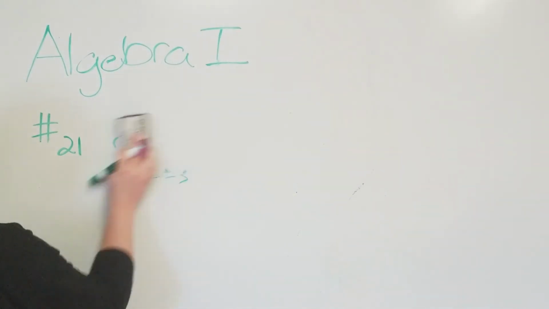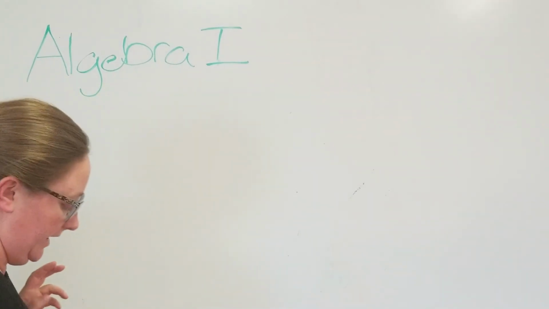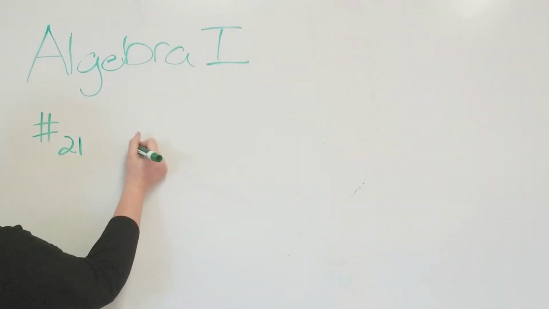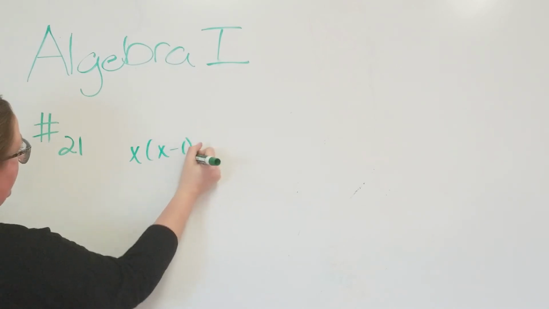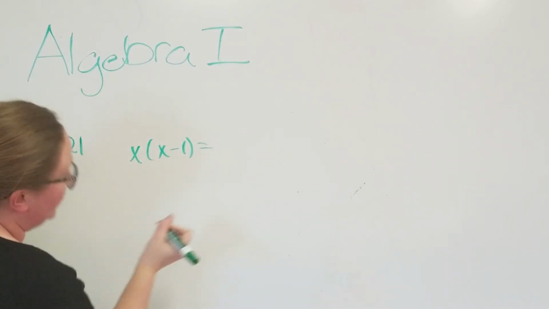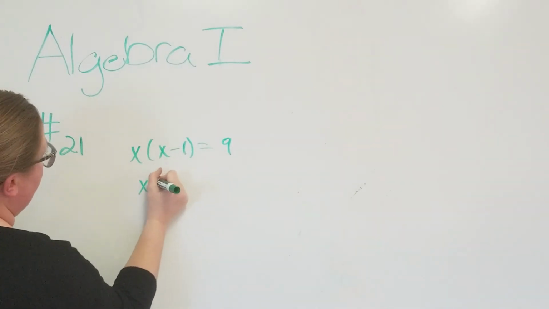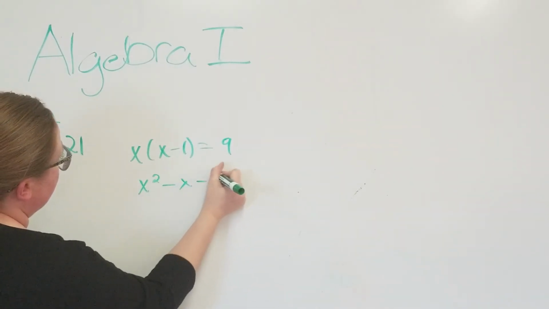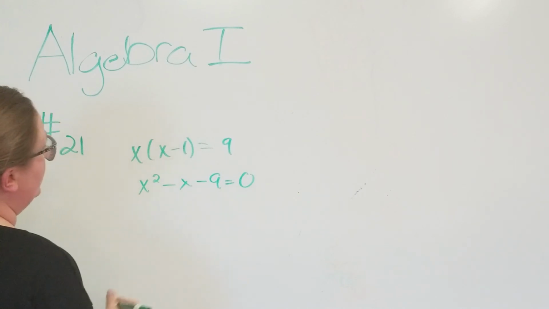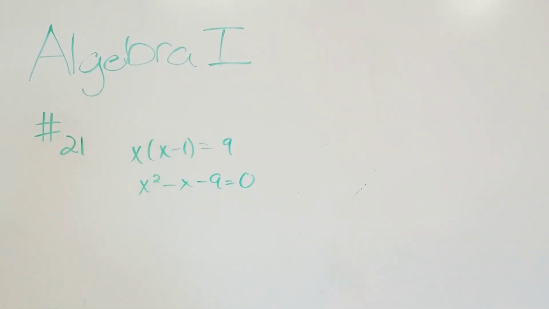The same thing in the next equation. It says x times x minus 1 equals 9. So this one says x squared minus x minus 9 equals 0. Let's solve this by, I guess, the quadratic formula. We're going to find out if it only has one solution right now.